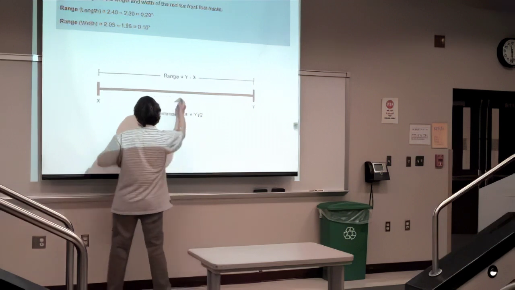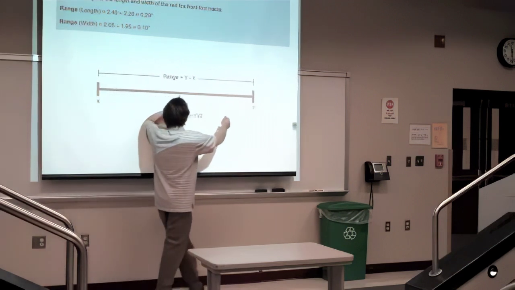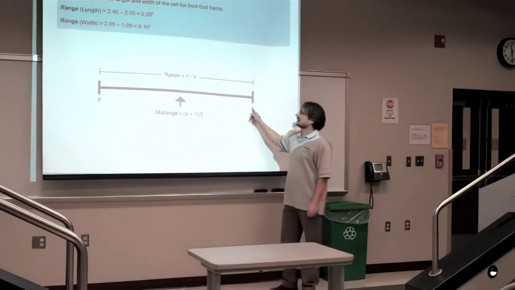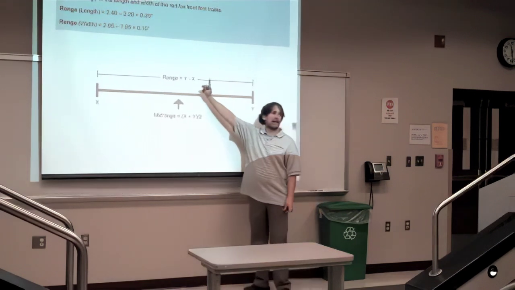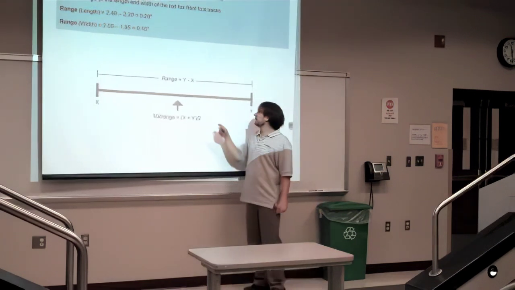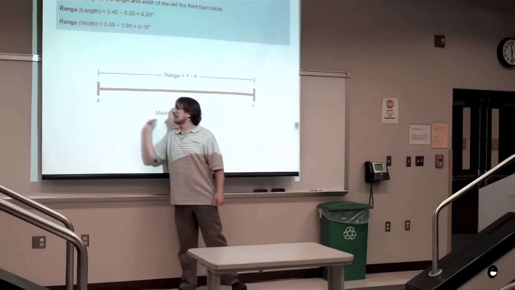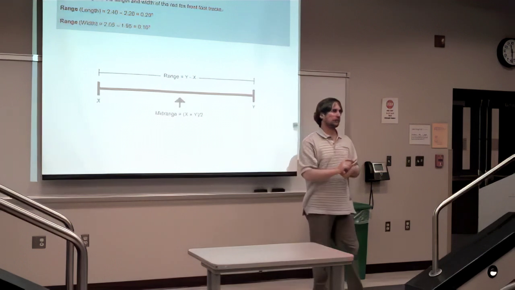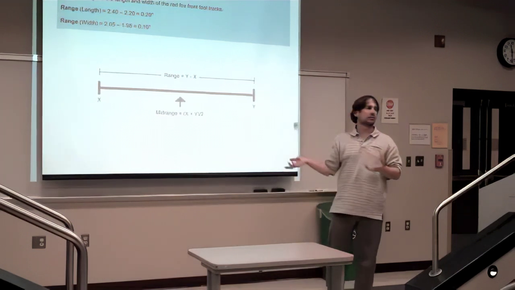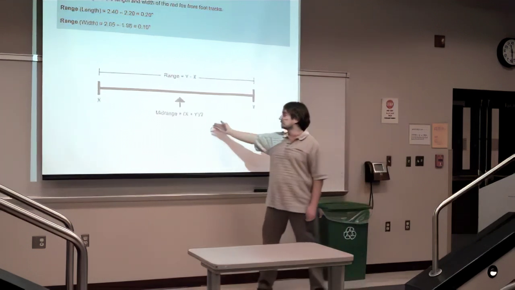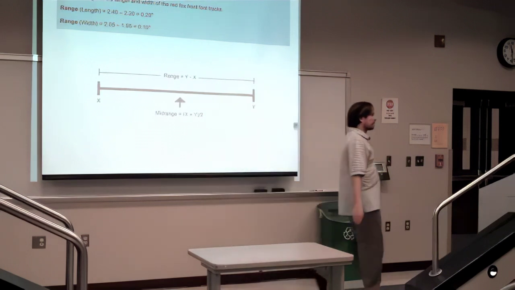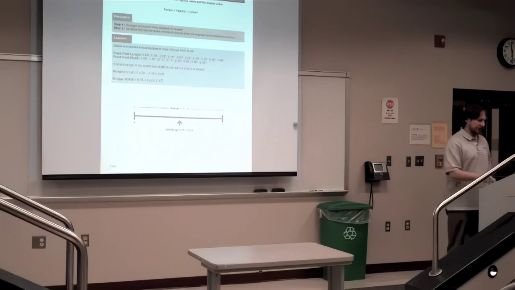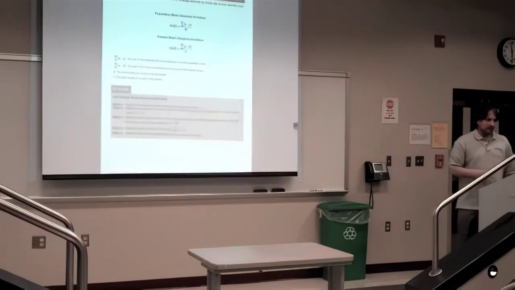Because the distance from here to here is the same as the distance from here to here. If we know what, say, this is and the range, then we know what this is and this is also. So you can kind of use them back and forth to figure out the maximum, minimum, range, and mid-range with this relationship between the two of them. All right, any questions on the range? Fairly straightforward. All right.